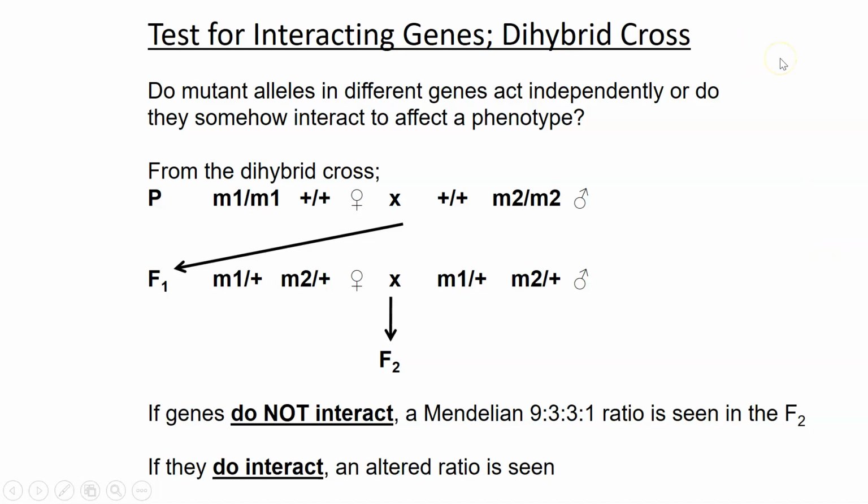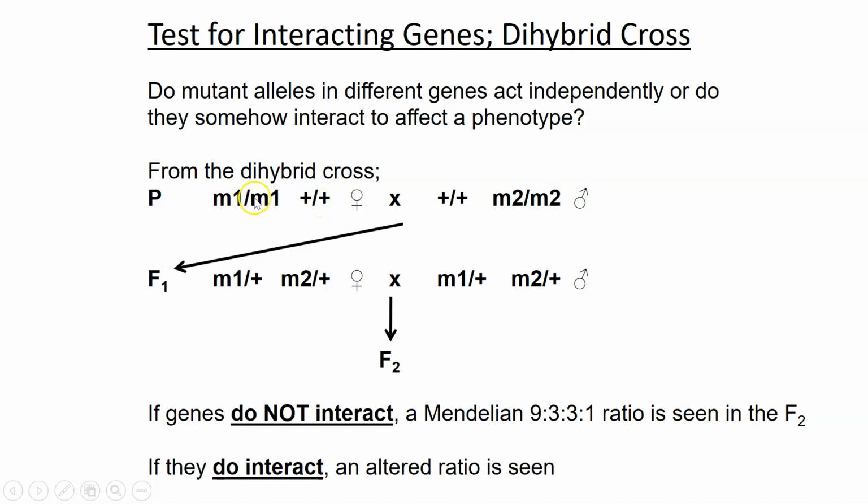Here is the standard cross that we'll be looking at in all of our examples, and this is basically the dihybrid cross that Mendel set up. So he had pure breeding strains, and we'll look at the same example. In the parental generation, individuals that are homozygous for two genes, in this case, homozygous wild type, that's what the plus sign indicates for gene 2.